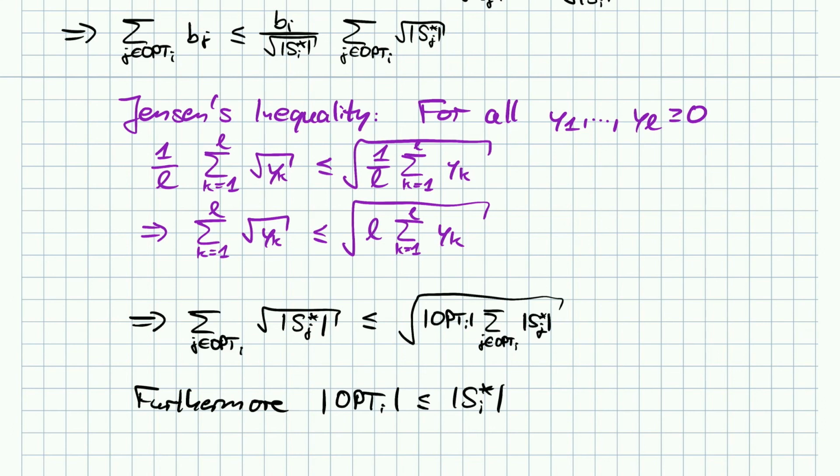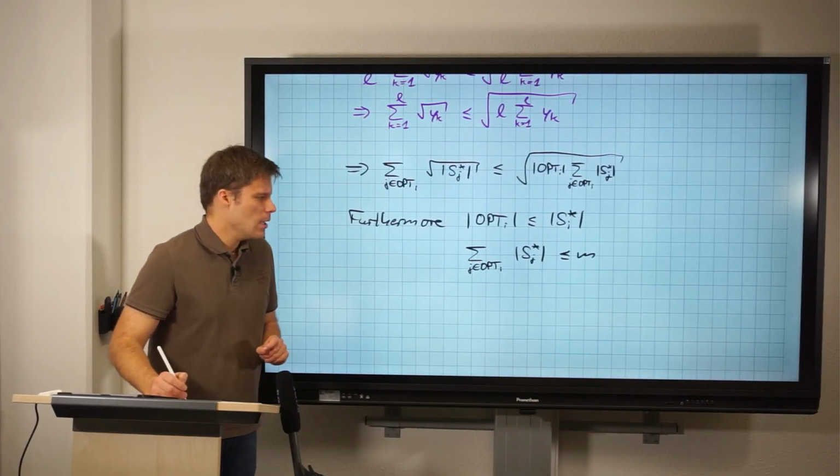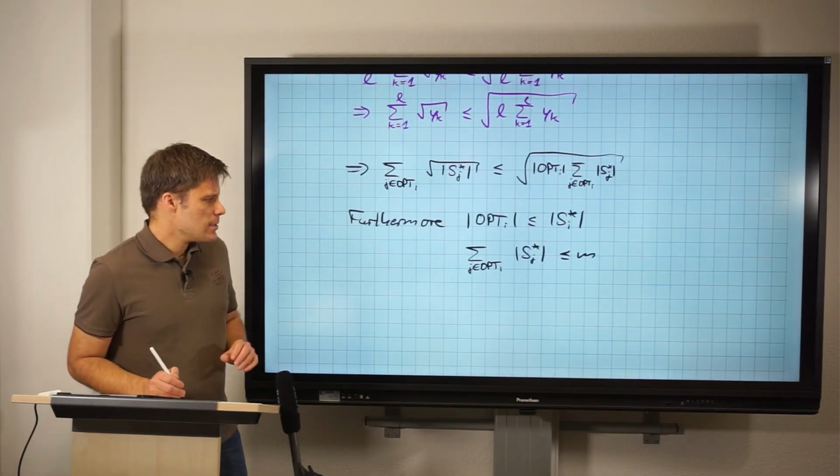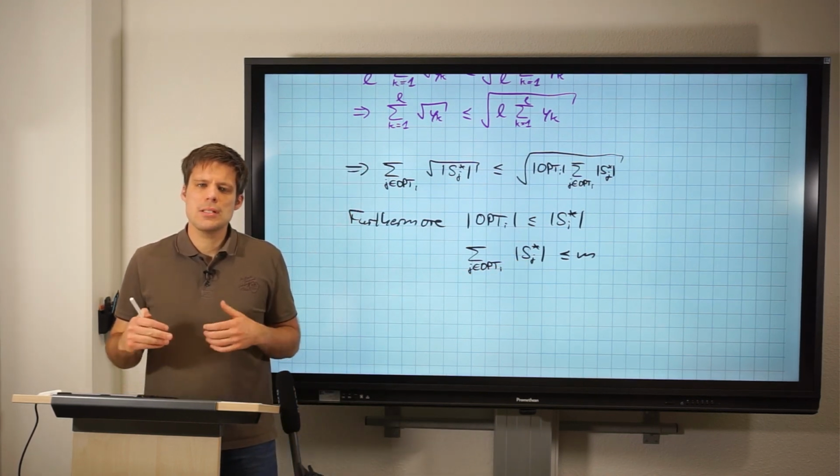So this already helps us here. And what else do we know? We also have that the sum over j in opt-i of the cardinality of Sj star cannot be more than m. And this is exactly the same kind of argument, because these sets Sj star for j in opt have to be disjoint.